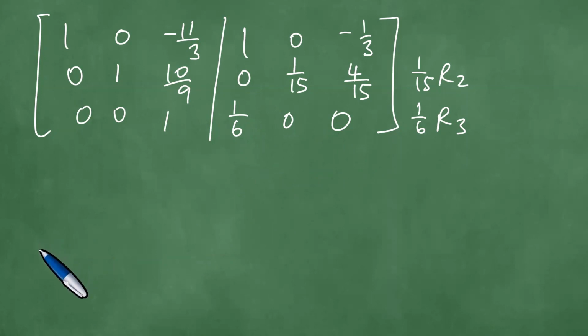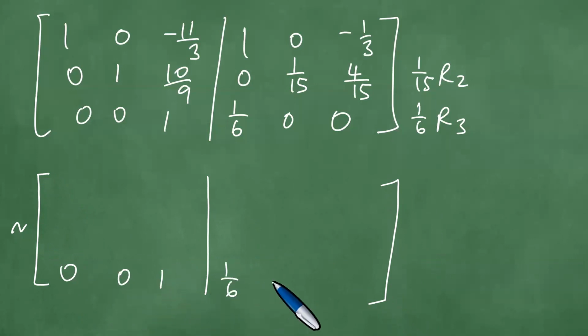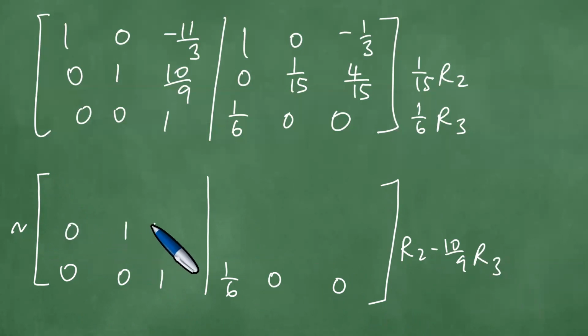And then the next thing is to get, so the previous matrix is row equivalent to this. Row 2 minus 10 over 9 row 3. Okay, we want to get a 0 here.